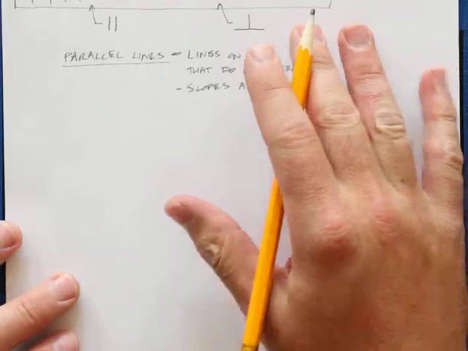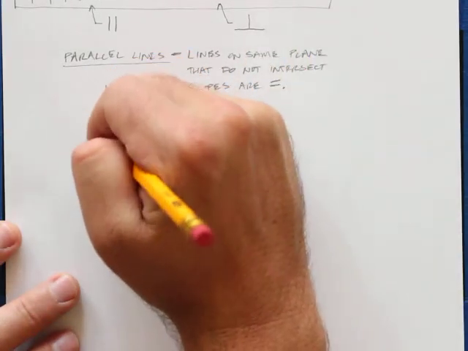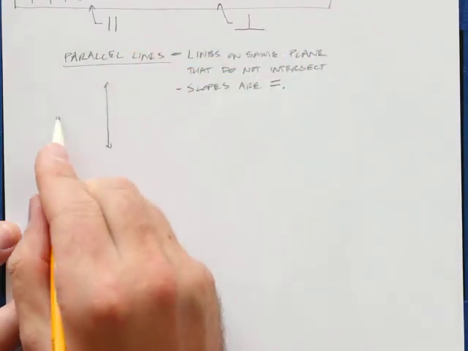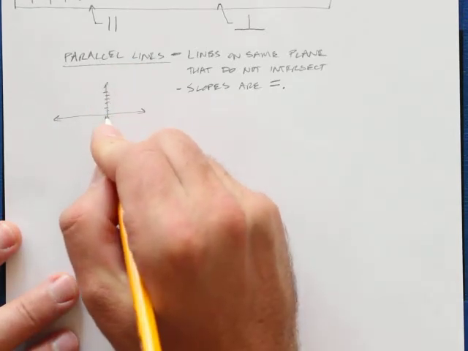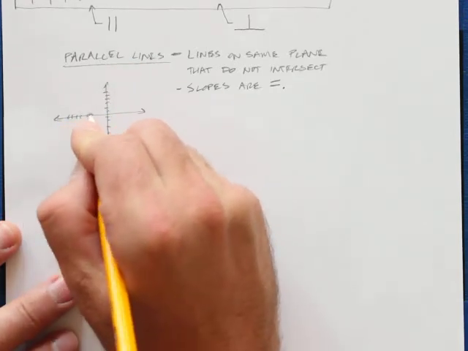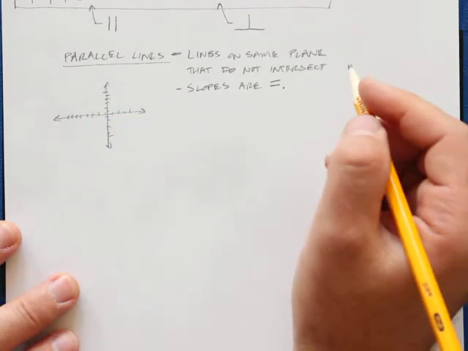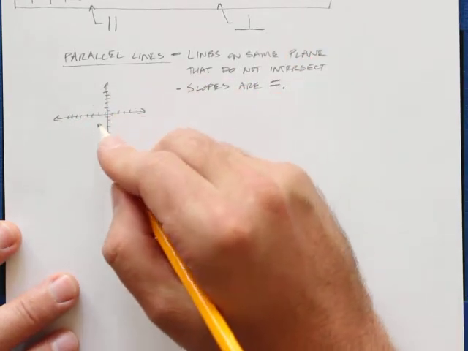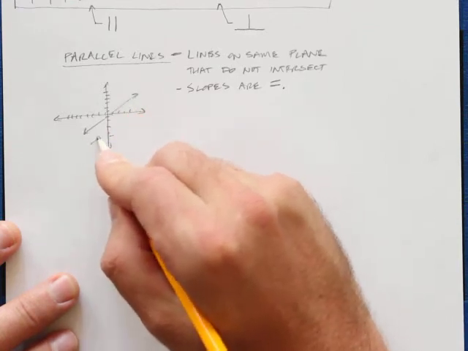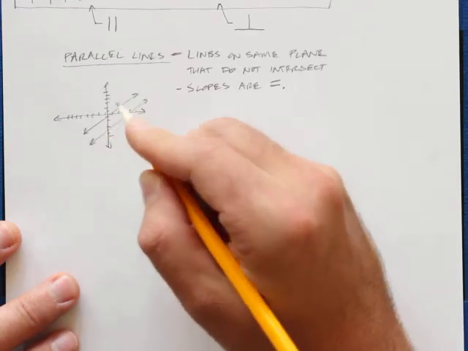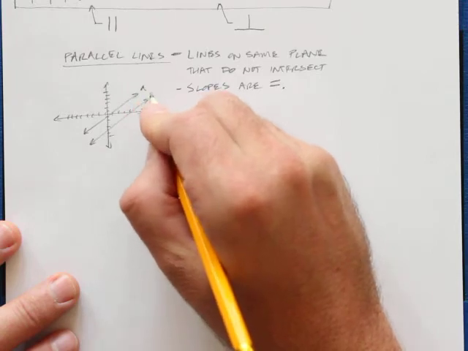All right, so let's draw an example of what parallel lines look like. Let's draw a coordinate plane here, and let's just draw a bunch of notches here to say this is my coordinate plane. So I might have two lines that are going like this, line A and line B here.